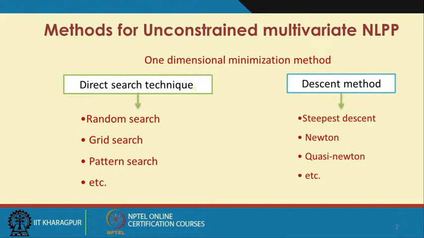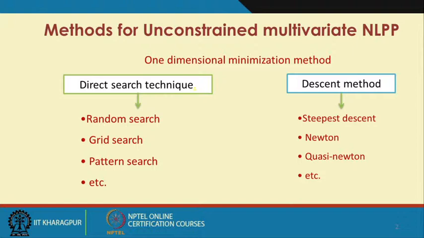In the descent method, there is another set of methodologies, starting from steepest descent or steepest ascent method, Newton method, Quasi-Newton method, etc. Today I am starting with the direct search technique, and the most popular one is the univariate search, that I will show you first.